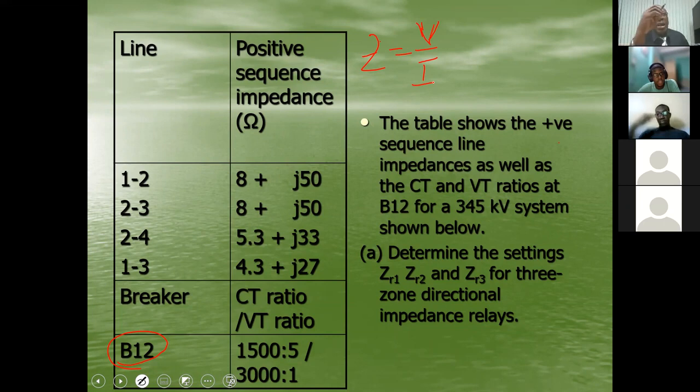So the actual Z that will be seen, let's call that Z prime, would be V over the 3000 to 1, divided by I over the 1500 to 5.